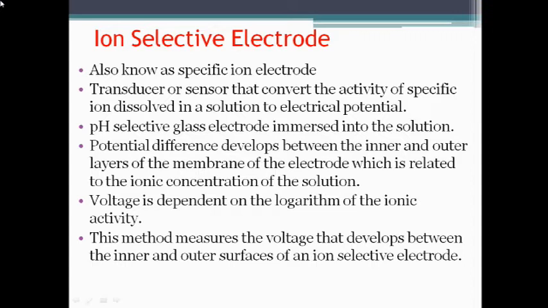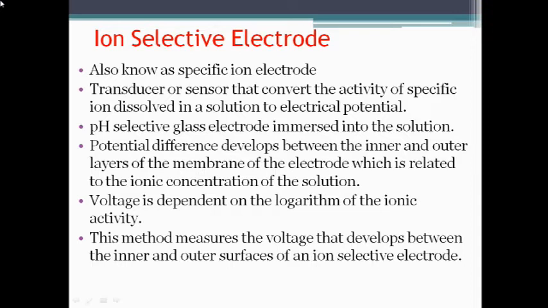What happens in the ion selective electrode? Mainly a pH selective glass electrode is immersed or dipped into the solution. So a potential difference is generated between the inner and the outer layer of the glass electrode present in the analyzer.